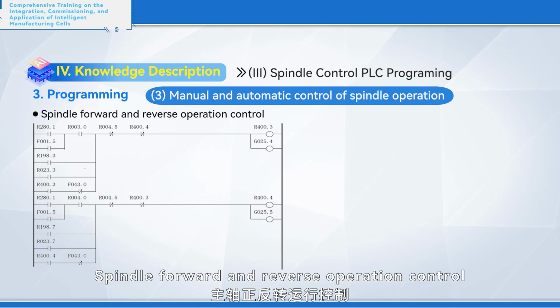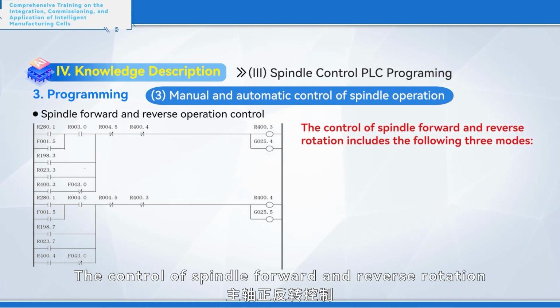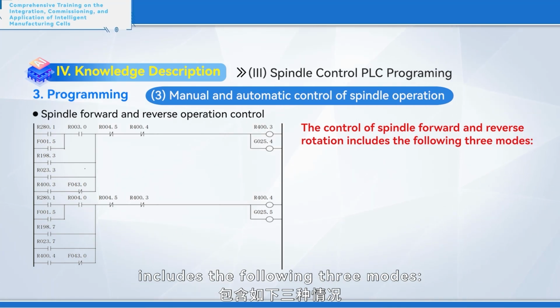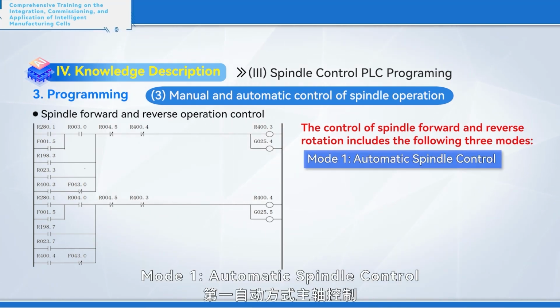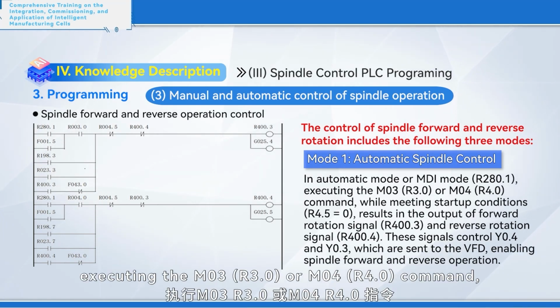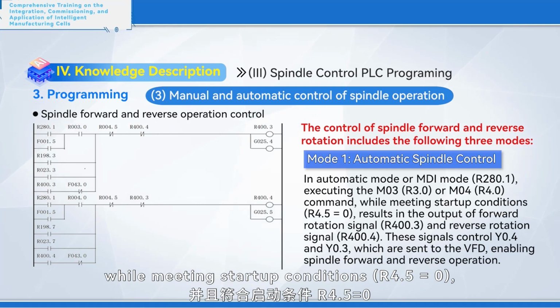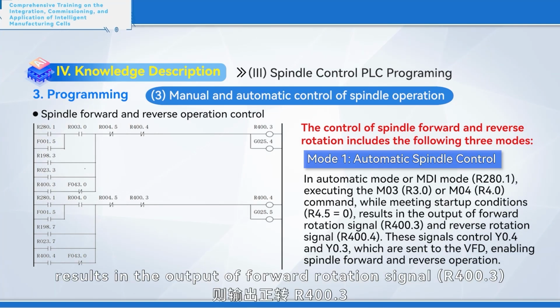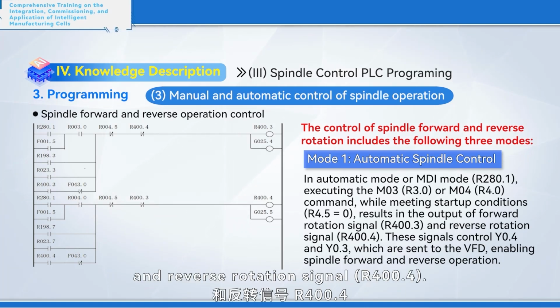Spindle forward and reverse operation control. The control of spindle forward and reverse rotation includes the following three modes. Mode 1, automatic spindle control: in automatic mode or MDI mode, R280.1, executing the M03, R3.0, or M04, R4.0 command, while meeting startup conditions, R4.5 equals 0, results in the output of forward rotation signal R400.3 and reverse rotation signal R400.4.